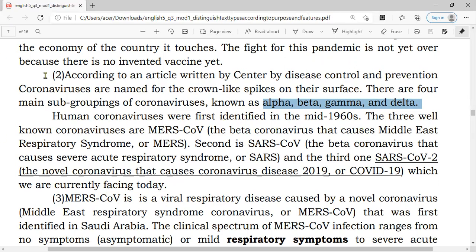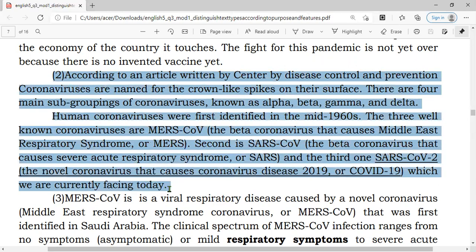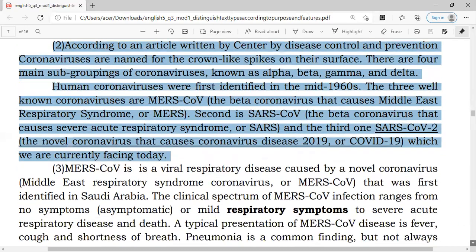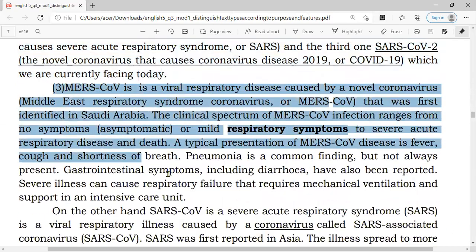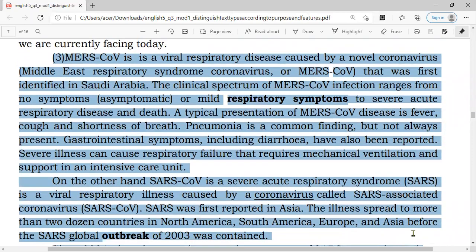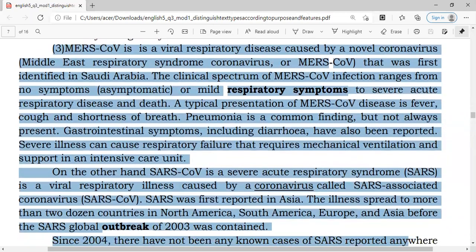So paragraph 2 belongs to enumeration. Paragraph 3 a while ago is a classification.